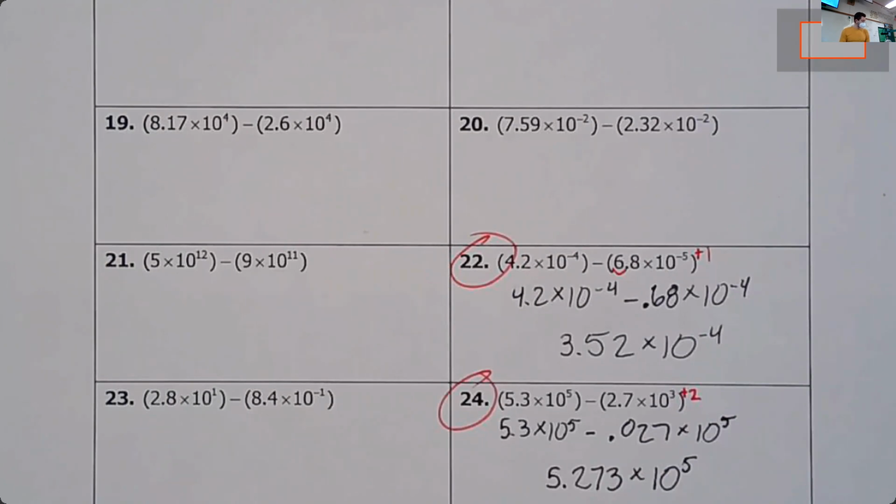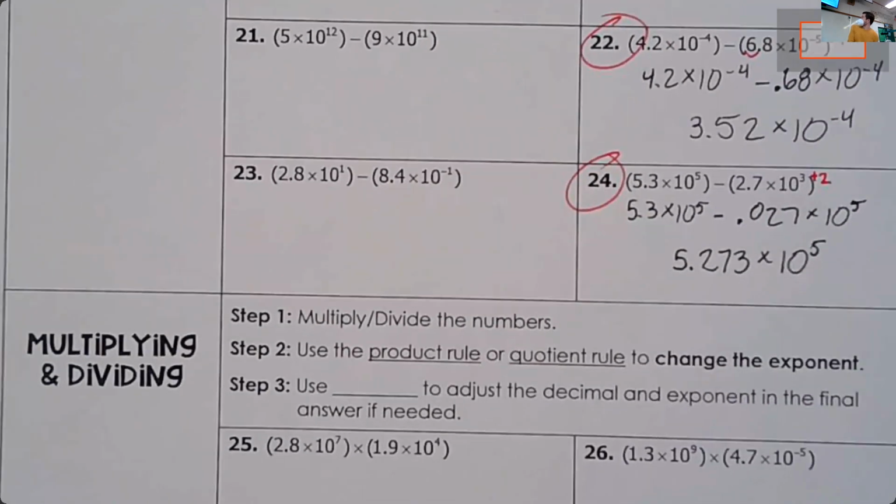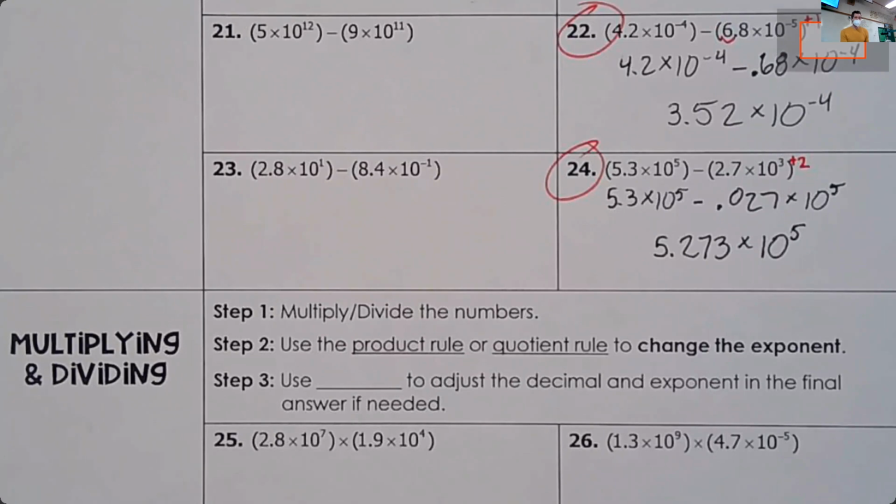Now, these last ones, these are the ones where it's probably going to be the most useful to use a calculator. And like I said, I think that these ones are a little bit simpler than combining like terms. So for multiplying and dividing, we've got 3 steps here. The first one says to multiply and divide the numbers. Basically what that means is use the product rule, right?